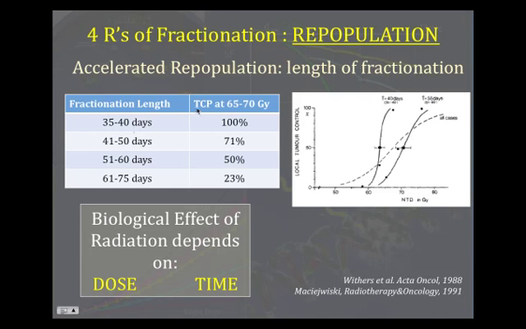They just looked at the probability of local tumor control at a given dose of radiation in fractions. And as they varied the length of fractions, the tumor control dropped dramatically. So fractionation is good. You give time for the cell to reoxygenate, for redistribution of the cell cycle.